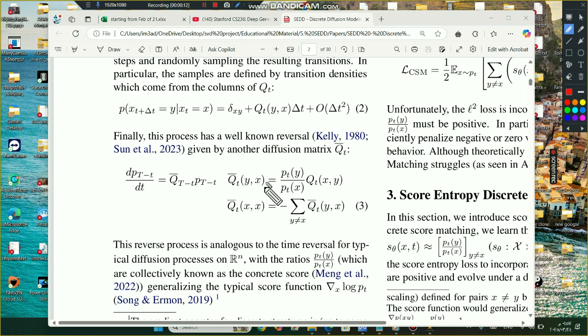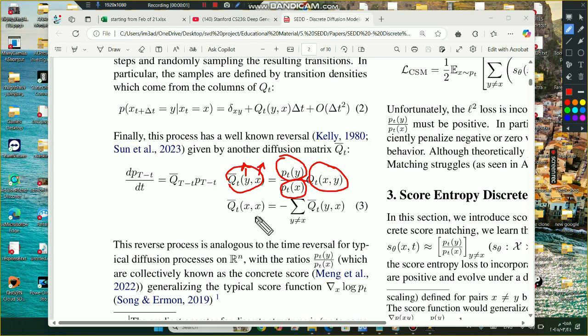If we want to find the element in Q inverse that corresponds to the transition between Y and X, and by Y and X we mean two different potential words in the dictionary, for example the word "the" and the word "car", we will multiply the probability of the word Y over the probability of the word X by the element in Q that corresponds to the transition from X to Y.